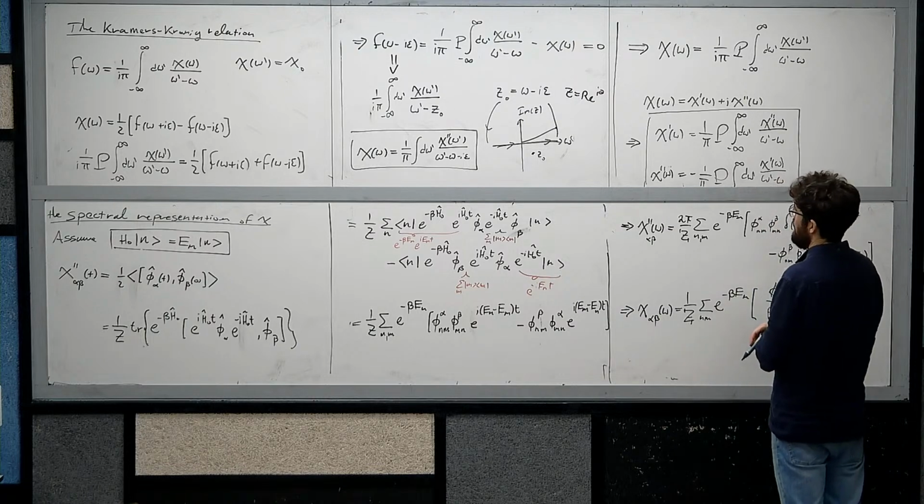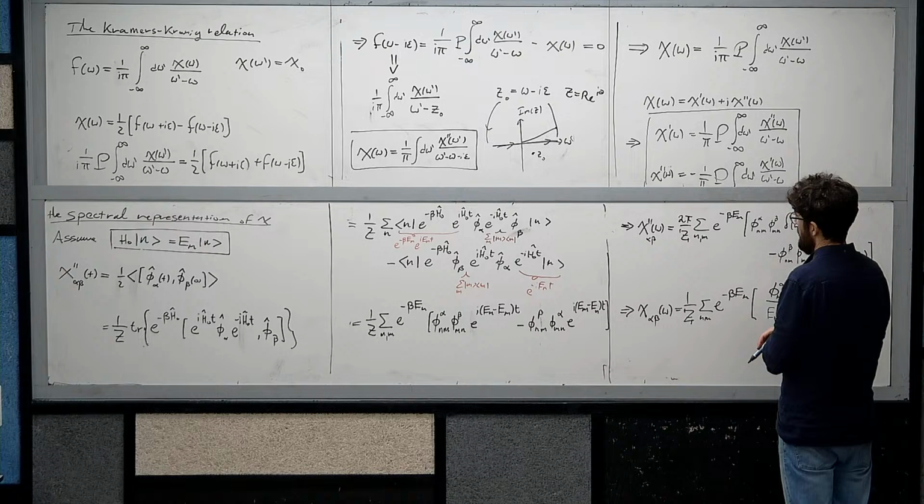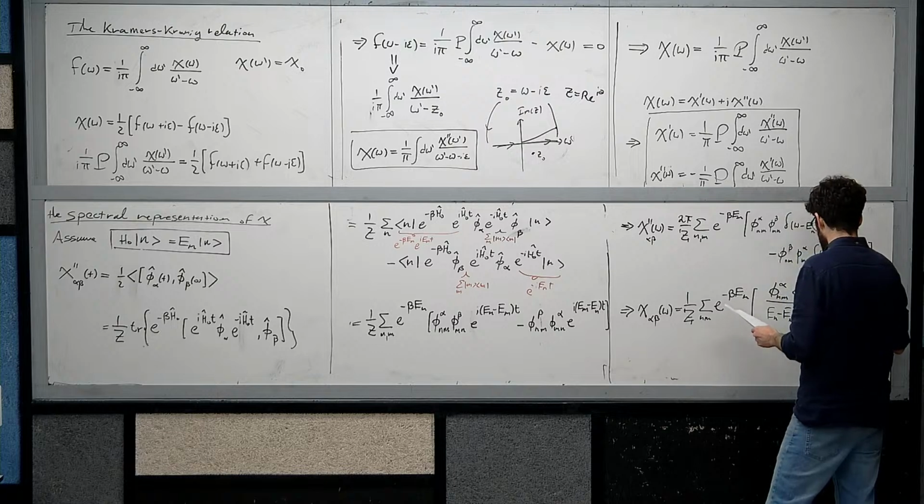so let's see, we have that, so omega is that, then we have minus omega minus i epsilon, minus phi alpha, phi beta.